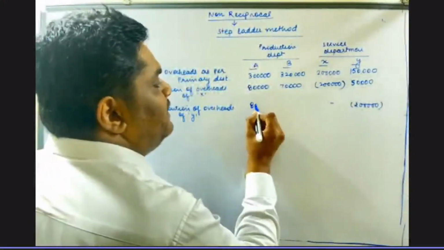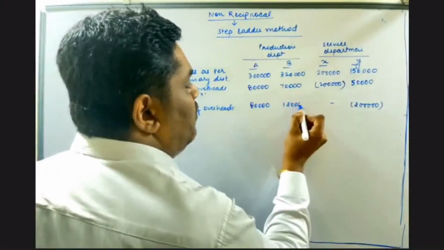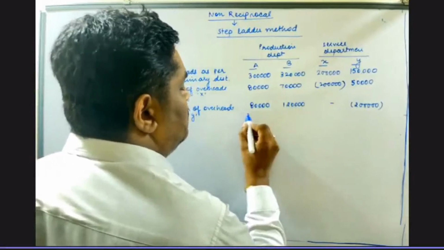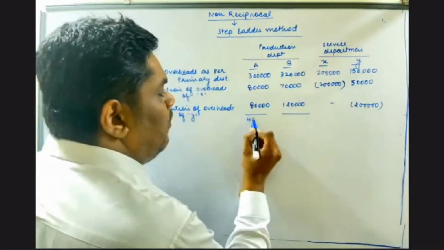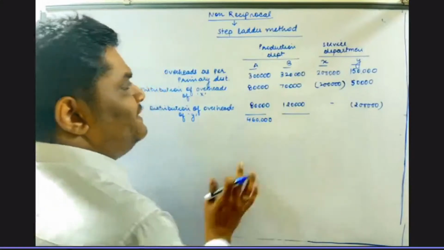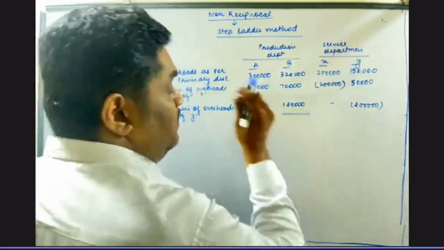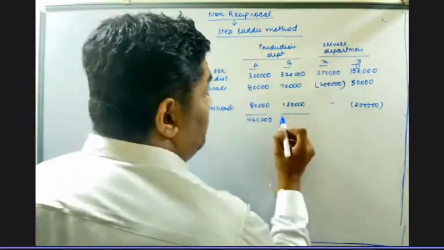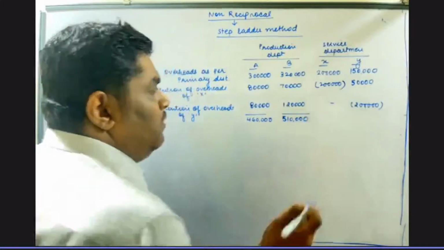That is 80,000 and 1,20,000. So the total overheads will be 4,60,000 for A and 5,10,000 for B.